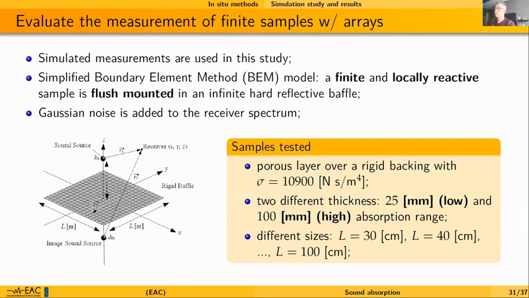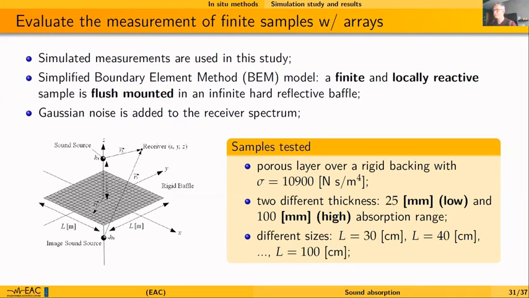We have a simulation of a finite absorber done with the boundary element method, and we can vary the sample size and the absorption characteristics of this sample. We can also add Gaussian noise to each receiver in the array, so we simulate the addition of noise.